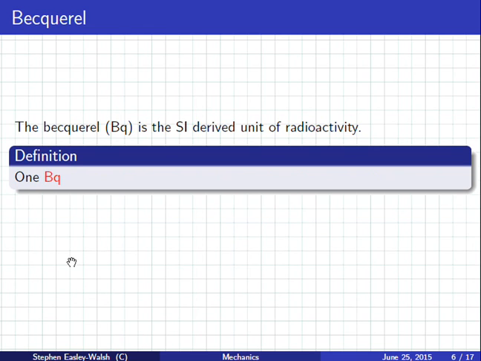And the definition is, so you need the definition here, 1 Bq is 1 destruction or disintegration of a nucleus per second. So 1 Bq means you lose 1 atom per second. So 1 nucleus is destroyed every second is 1 Bq.